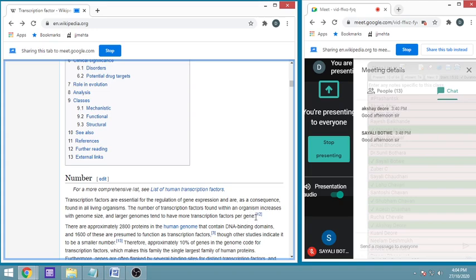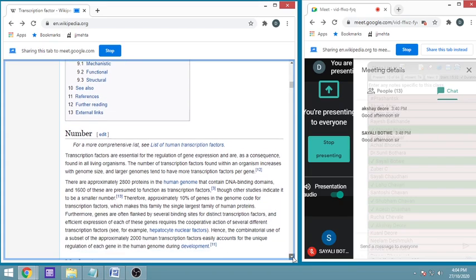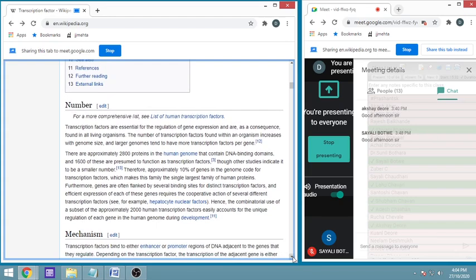As I told you, the Human Genome Project shows around 1600 transcription factors.